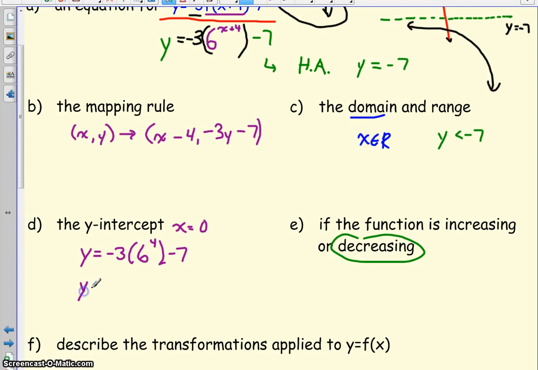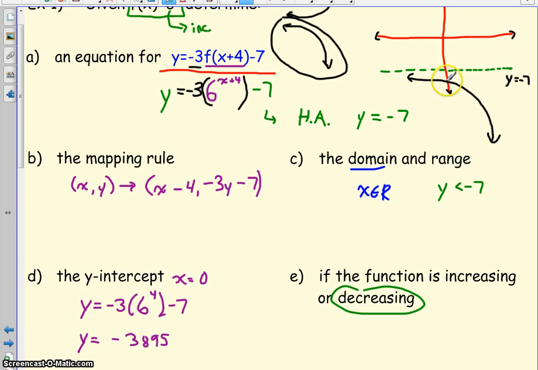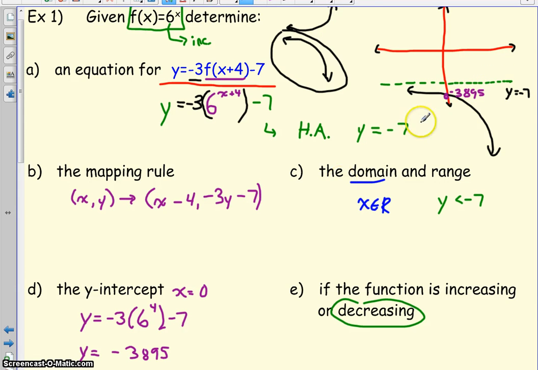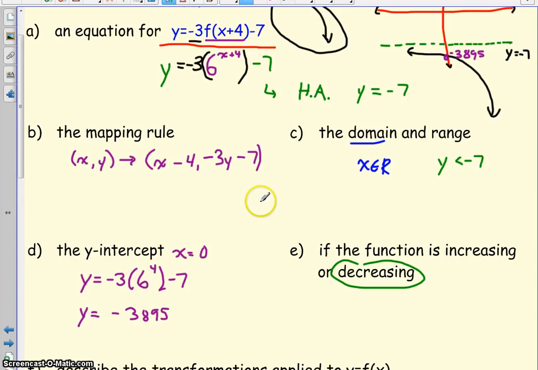I just need to run this through my calculator. So when all is said and done, it's a y-intercept of negative 3,895. And I should be able to add that on my graph as well. You can clearly tell this graph is not to scale, but it is just a sketch. So I have my general shape and I have all my key points labeled, so there's nothing wrong with that.